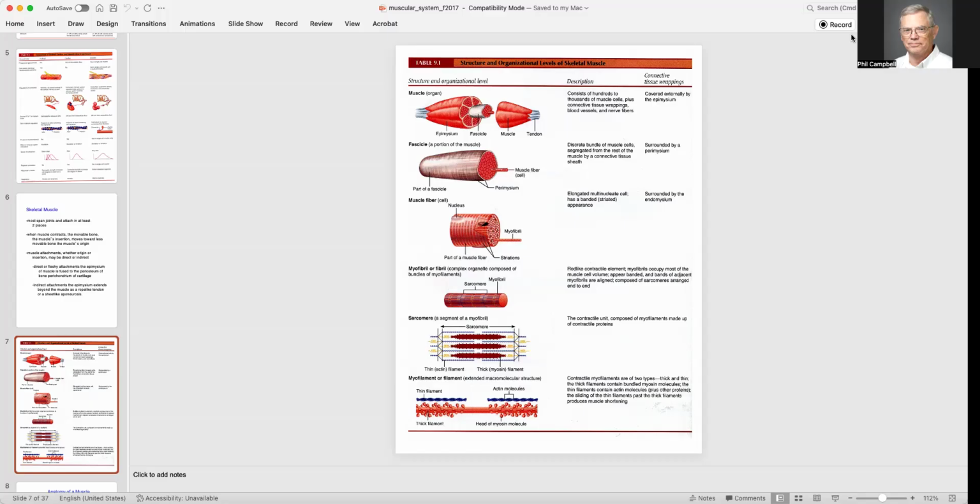In order to contract, it needs to shorten, so you need a change in the length of that cell. It wouldn't do any good if that cell stopped somewhere in the middle. There's nothing for it to pull on, right? So all muscle cells go across the whole entire length.